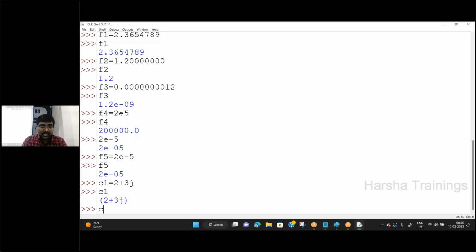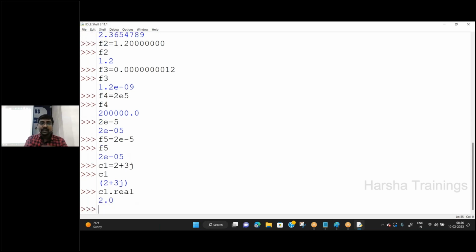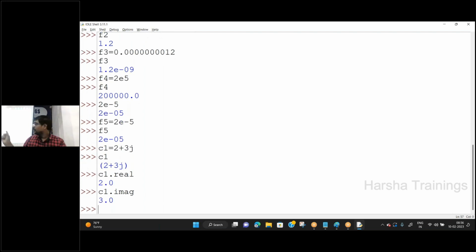Check this one. C1 dot real. We are getting the real part. Here observe, that is very important. By default, every complex number is in float format, even though you have given integers. Even though you give an integer, the result is float. Now C1 dot imag, imaginary, 3.0.